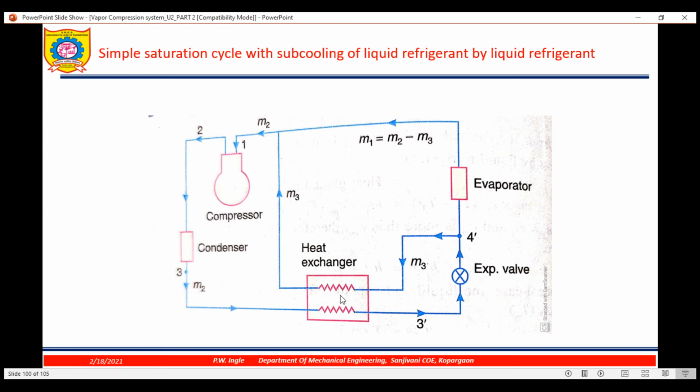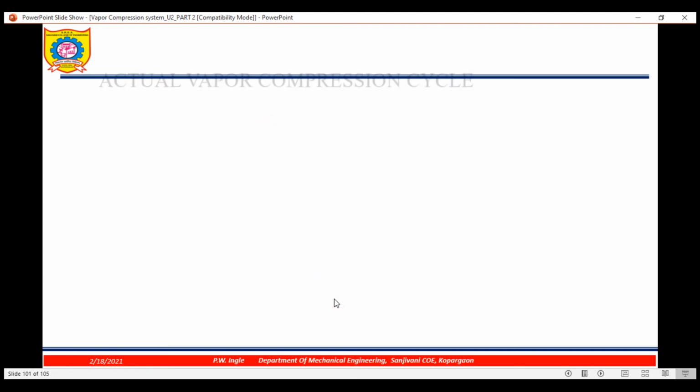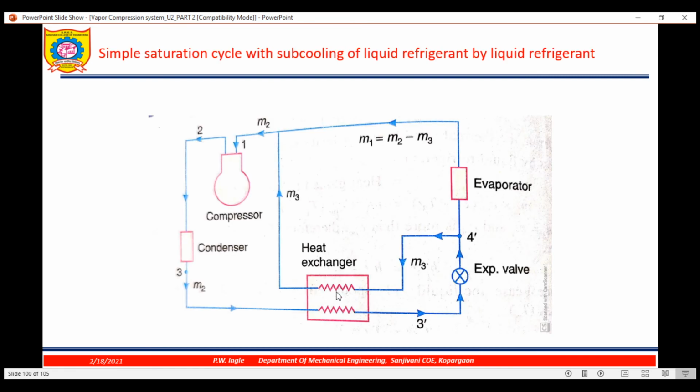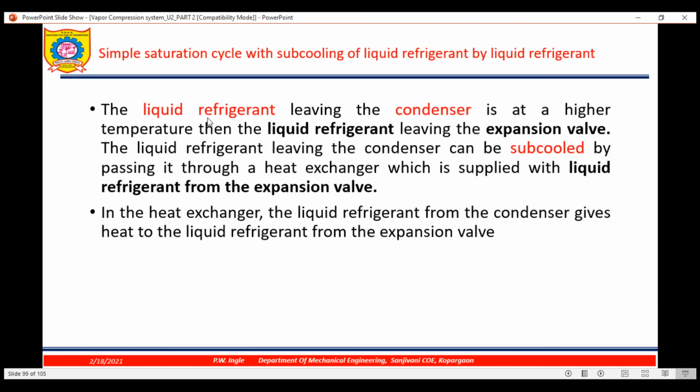So heat exchange is taking place between these two states of refrigerants. Again I will read here: the liquid refrigerant leaving the condenser is at higher temperature than the liquid refrigerant leaving the expansion valve.